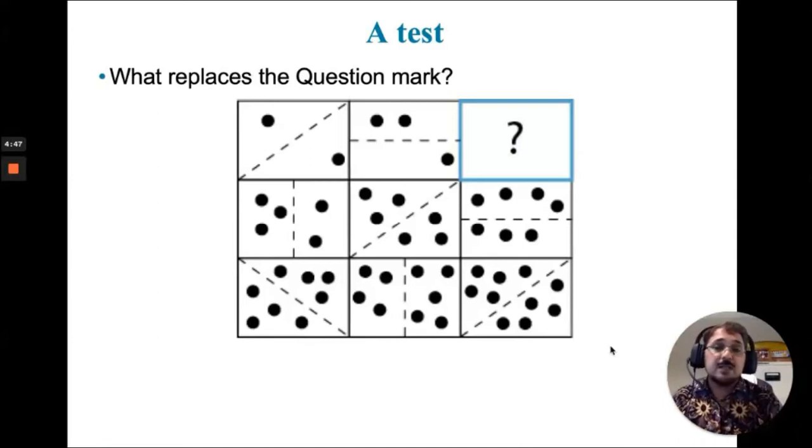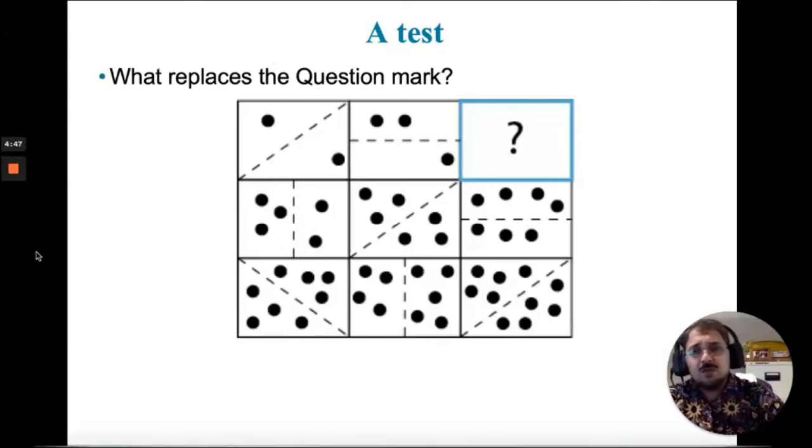So you see, it doesn't need science or mathematics, it just needs analytical skill to get a clue from the rest of the cells and apply it. If you observe the rows from left to right, the first cell has two dots, then the next cell has three dots.